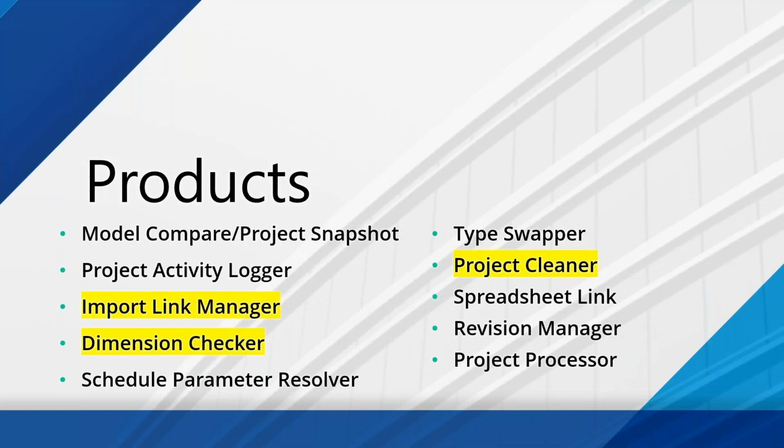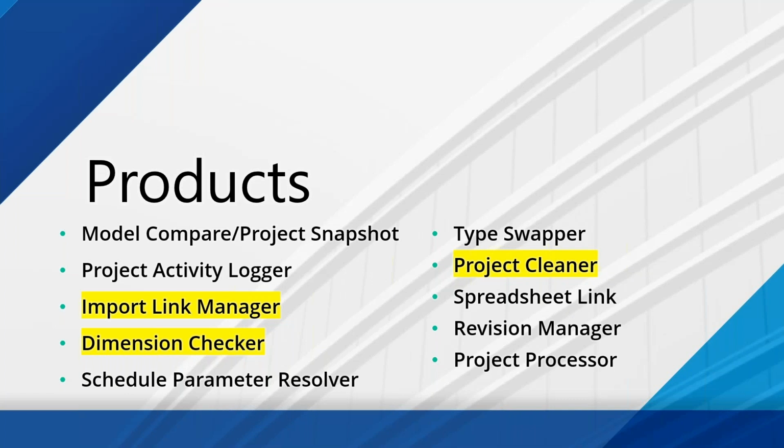So we're covering a bunch of tools throughout this 5-part series. Last week, we discussed Model Compare, Project Snapshot Exporter, and the Project Activity Logger tools, and how to collect the data and review it within Power BI or a spreadsheet or on our dashboards online.